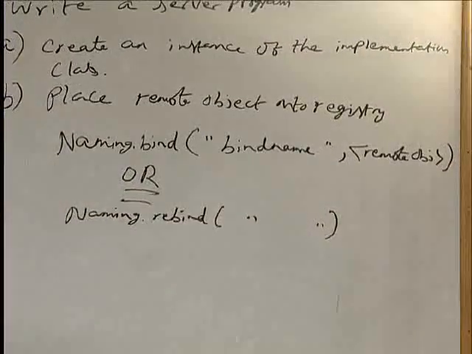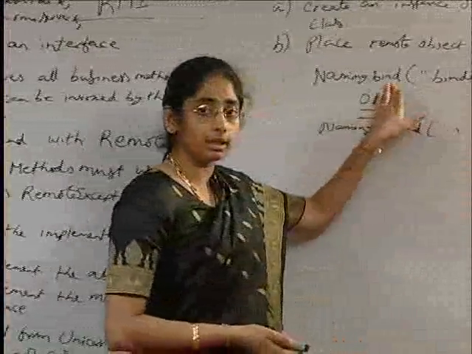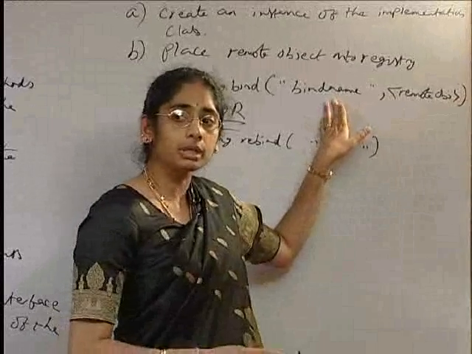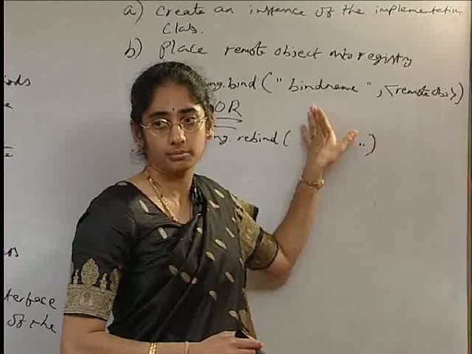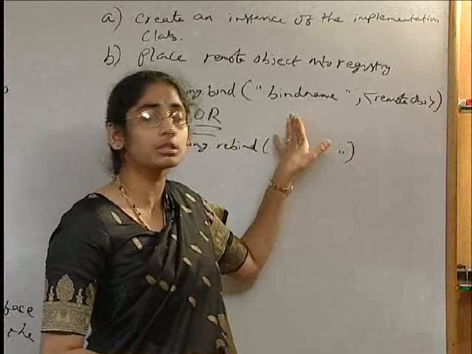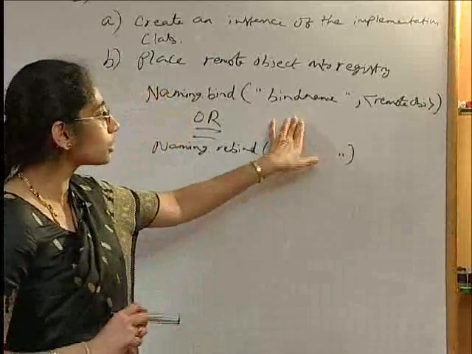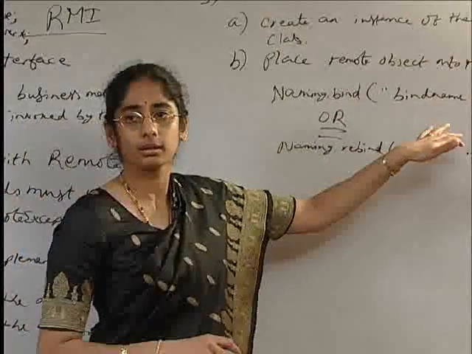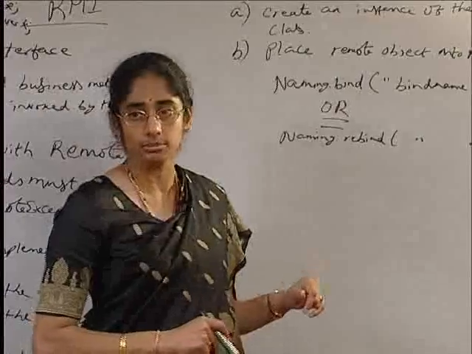Now, the question is, what is the difference between bind and rebind? When you use the bind method to place an object with the bind name, you cannot later replace this bind name with another remote object. If you try to do so, you get an AlreadyBoundException. So once you place a remote object with the bind name using bind, that is it. No changes can be done to that particular bind name.